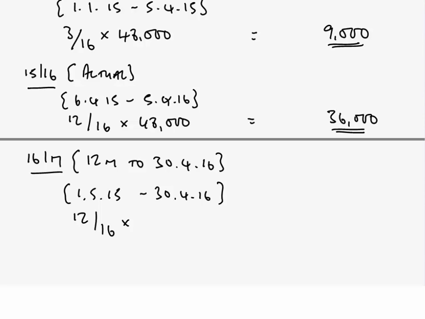So whichever 12 you were taking, like in 15-16's assessment, it's still 12/16 of £48,000, and that will still give you £36,000 there.